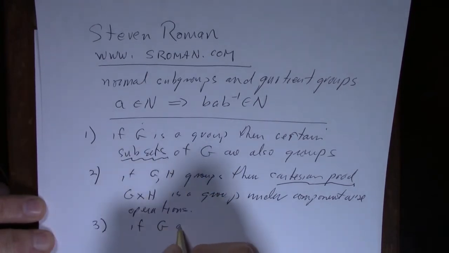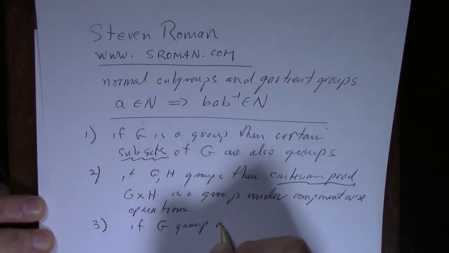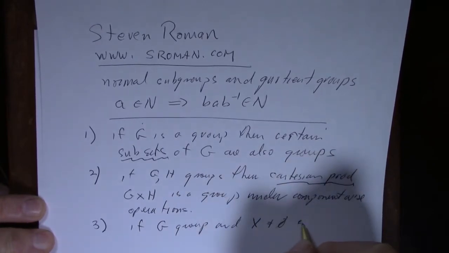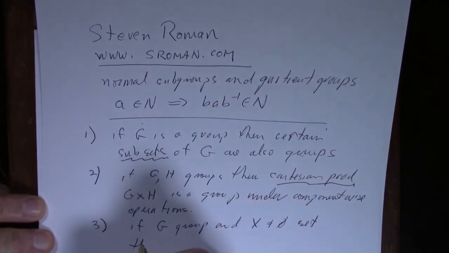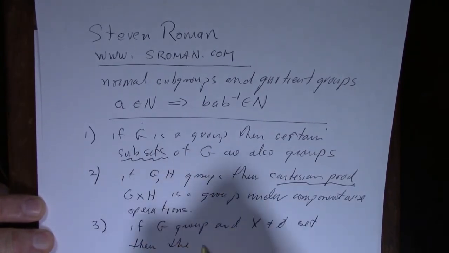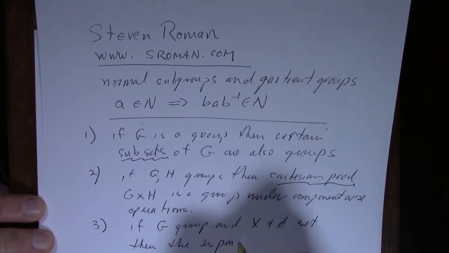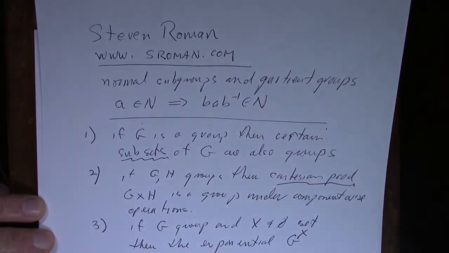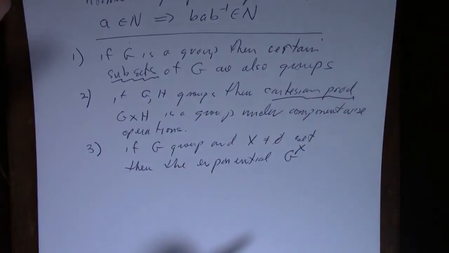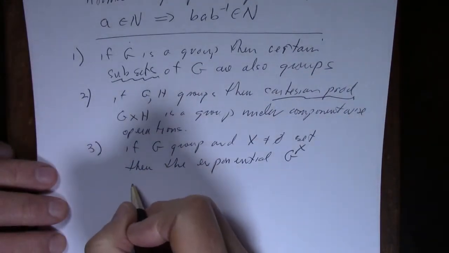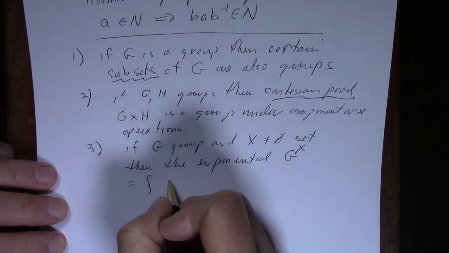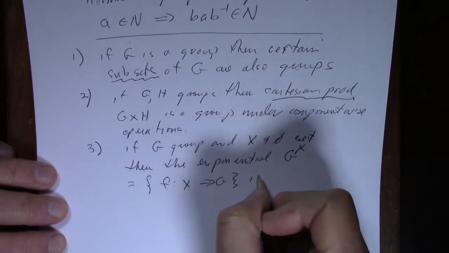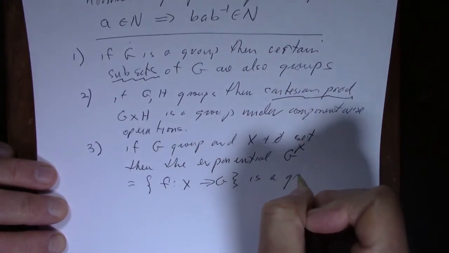If G is a group and X is a non-empty set, then the exponential G^X, the set of all functions from X to G, is also a group.